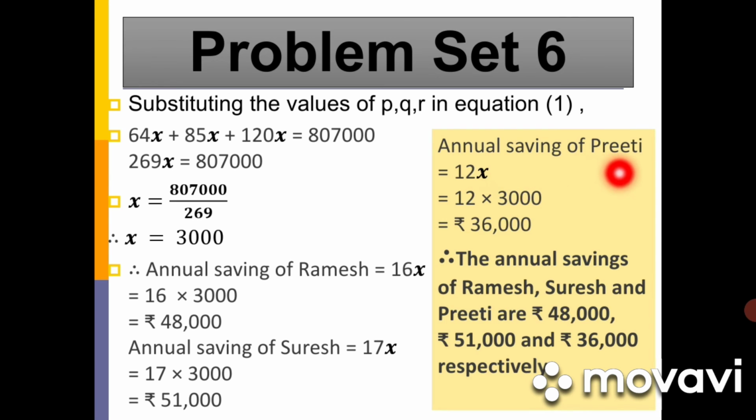Annual savings of Preeti is equal to 12x, that is equal to 12 into 3000, which is equal to rupees 36,000. Therefore, the annual savings of Ramesh, Suresh and Preeti are rupees 48,000, rupees 51,000 and rupees 36,000 respectively.